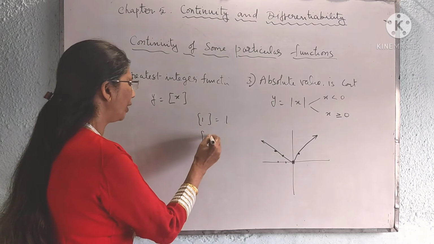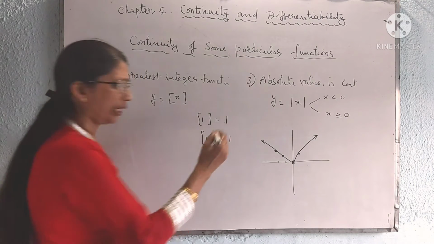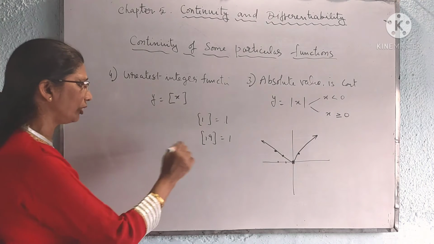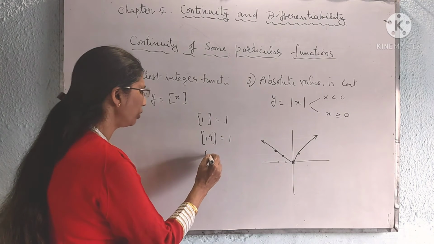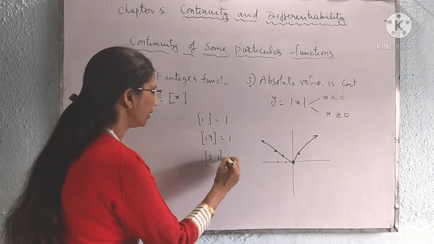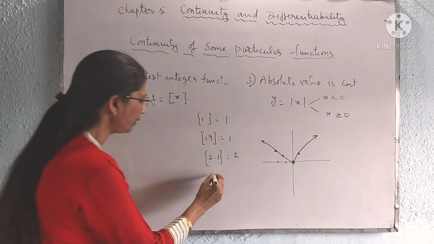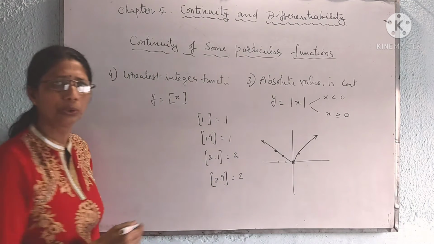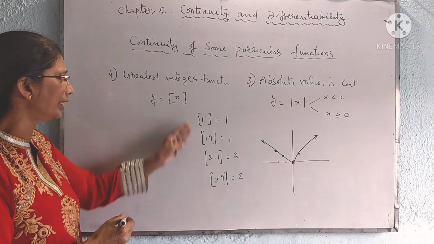Greatest integer of 1.9 is also 1, it is the integer less than that number. Then if it is 2.1, it is 2. If it is 2.9, then also it will be 2. This is the greatest integer function.